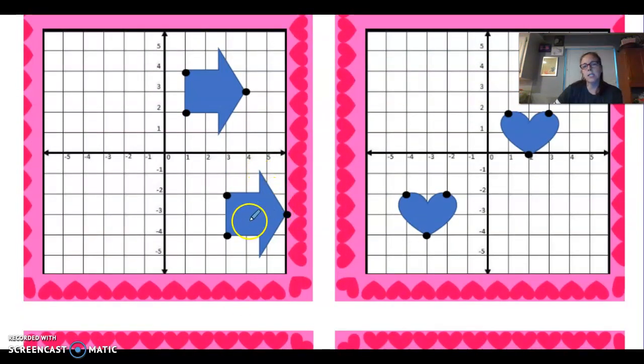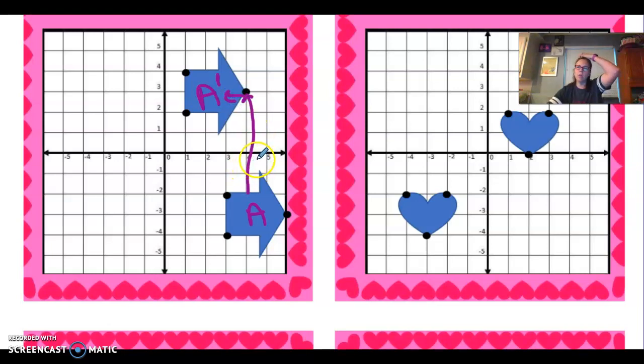Let's say this is our pre-image and this is our image. So we went from here to here. We didn't reflect, although it could have reflected and then moved technically. Well, it didn't rotate because we're going the same way. It looks like it went up and then it went left a little bit.